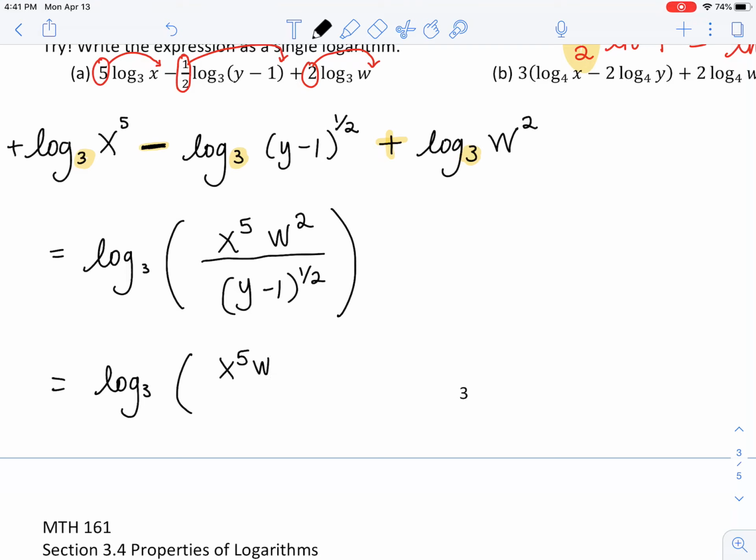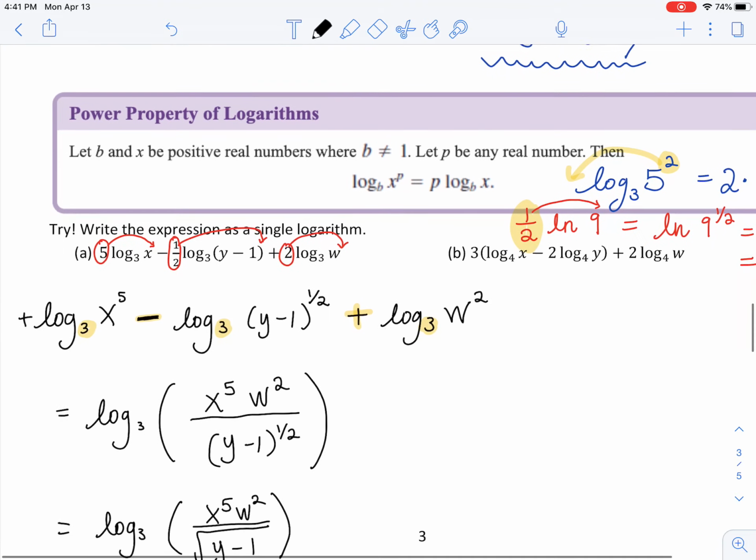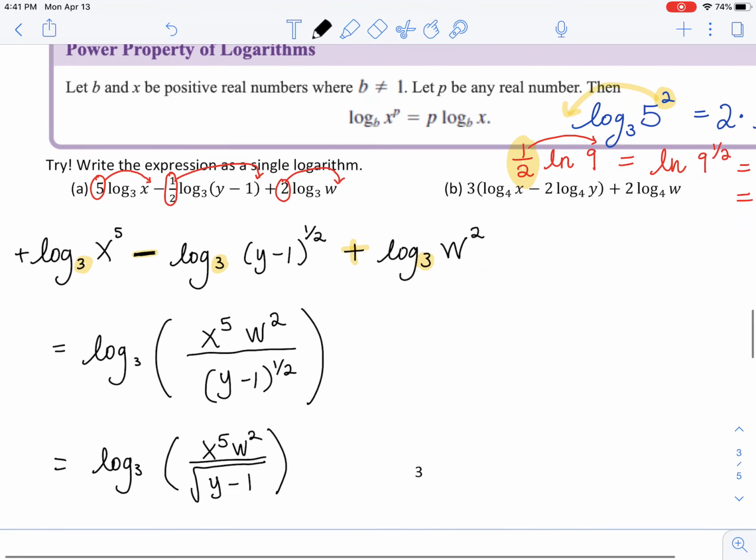You can leave it as x to the 5th times w squared, but you can make the denominator y minus 1 square rooted, okay? Up to you. Both, for me, look fine, but we used not only the power property, but also the product property and quotient property to do this problem.